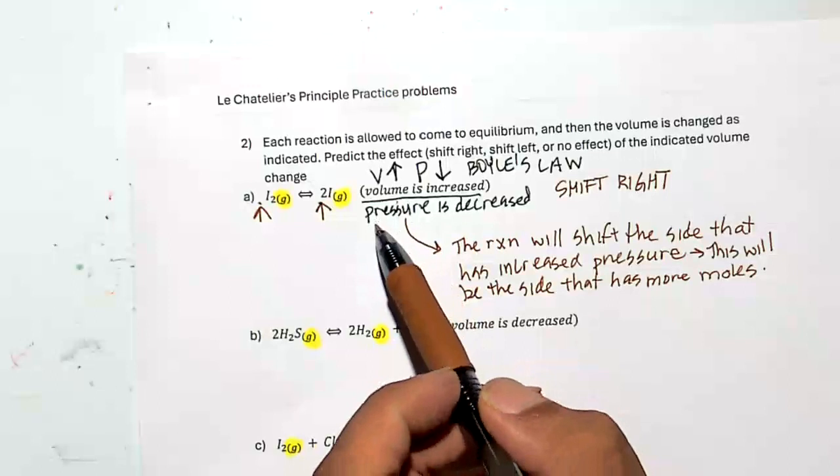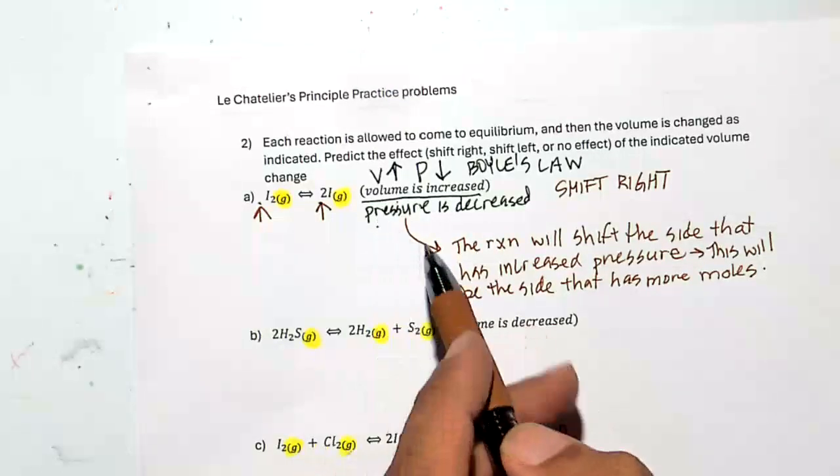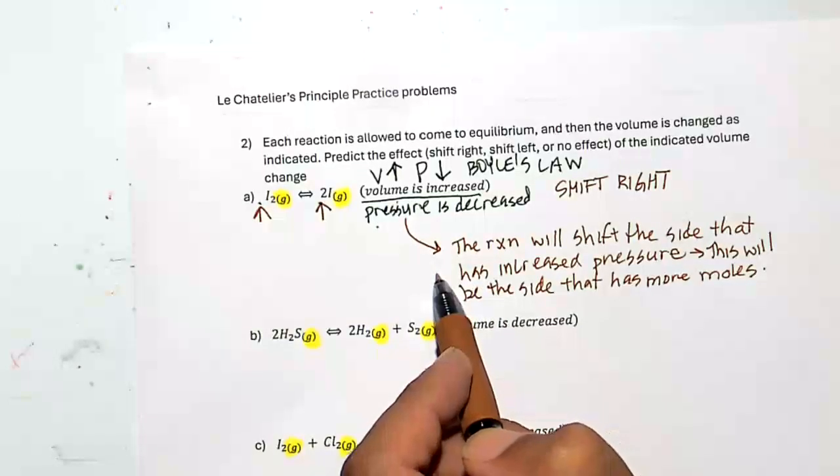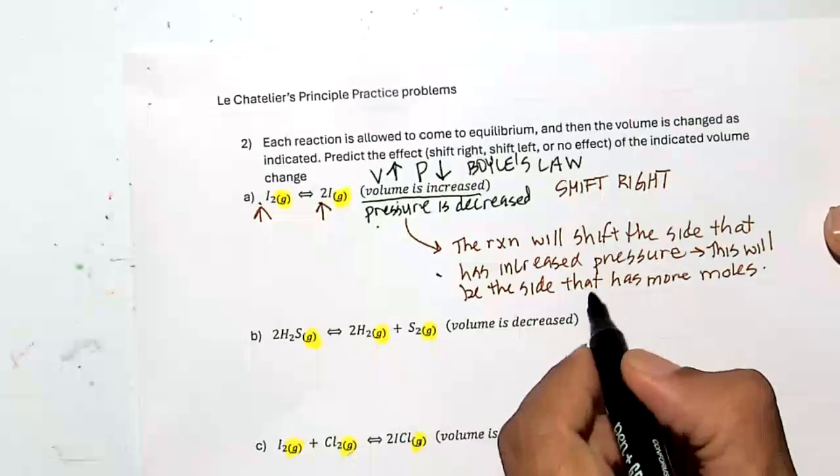So if you increase the volume, that is the same thing as decreasing the pressure. Which way will the reaction go to offset it? To the side that has more pressure. And yes, you're right, Alex, in this particular case it's shifting to the product side, the side that has more moles.